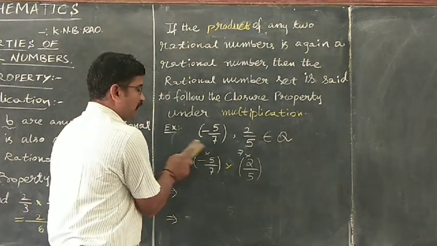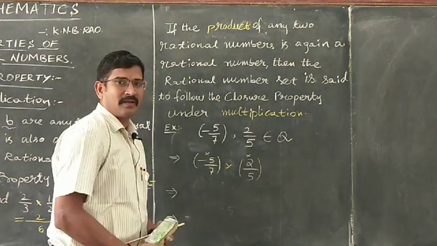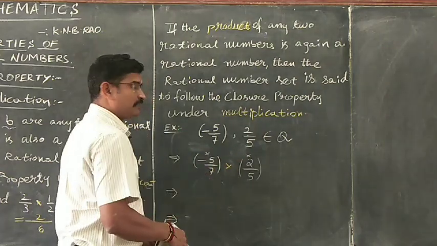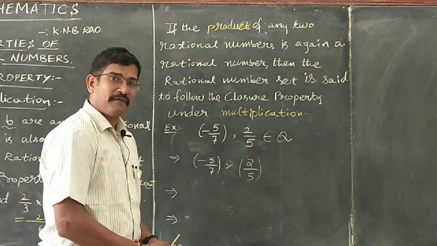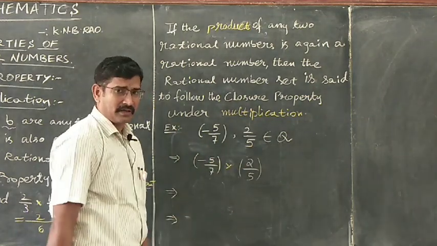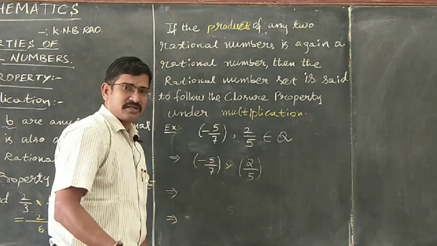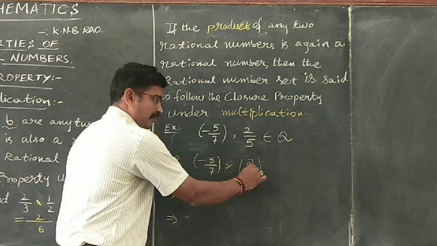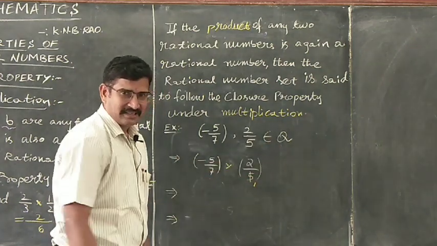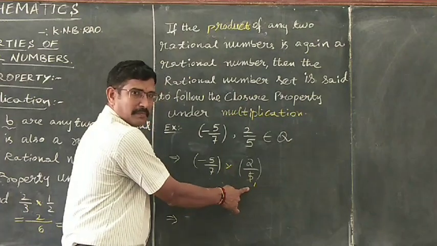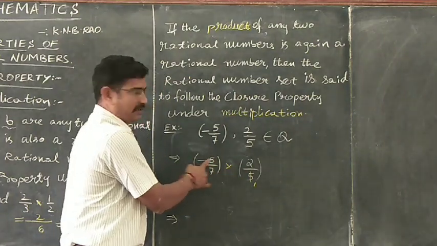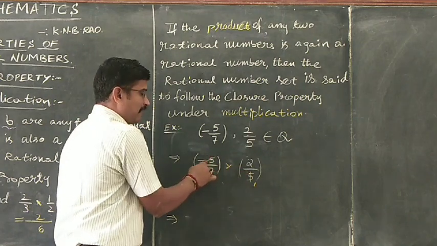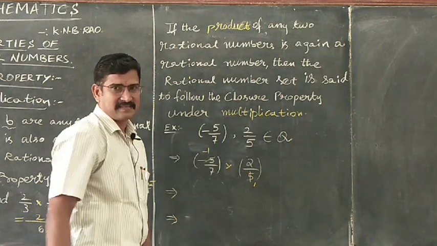We can multiply in two ways, numerator and numerator, denominator and denominator, and finally simplify the result, or here itself we have a chance of simplifying by cancelling the denominator of this multiplicand with the numerator of this multiplicand, 5 ones here, 5 minus ones.